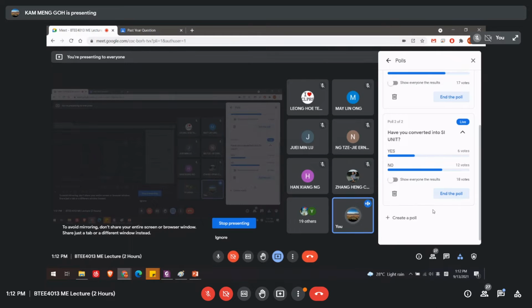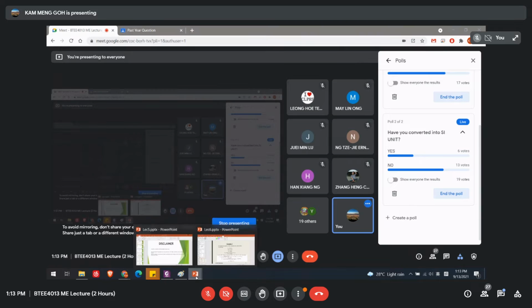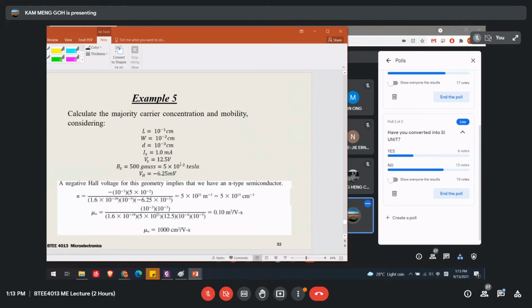Okay, more than half. So right now I want you guys to calculate this in the SI unit. Recalculate question 2, just question 2. Change everything into SI unit as mentioned. If this kind of question comes out in the exam, everyone can do it. Okay, try it.